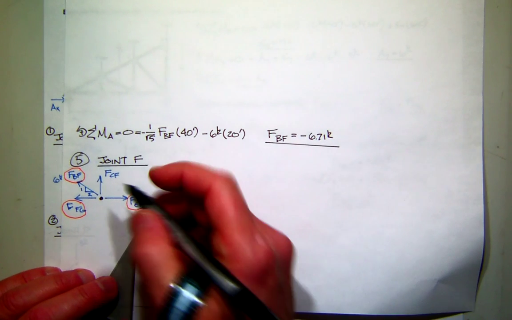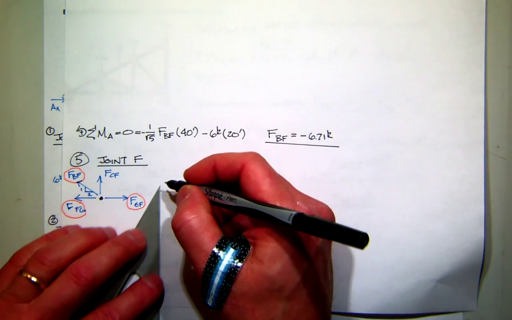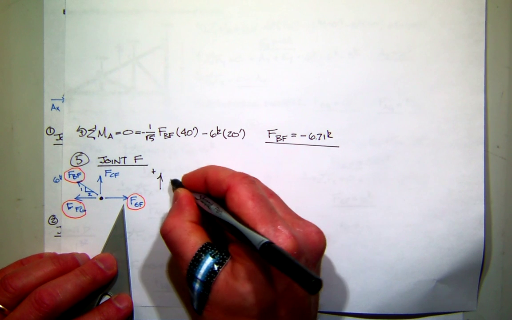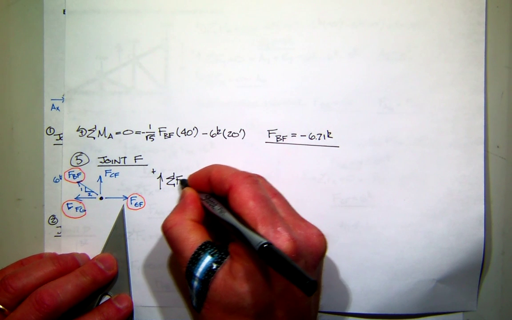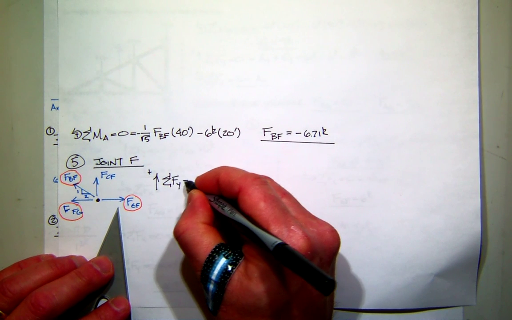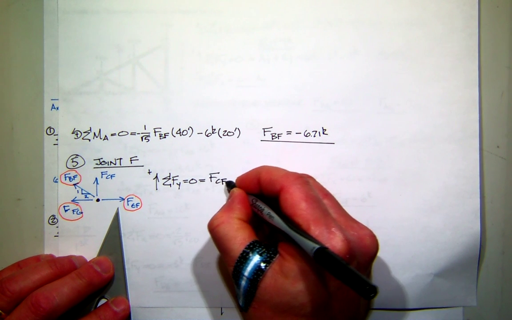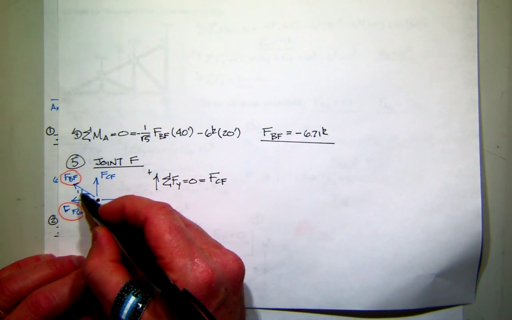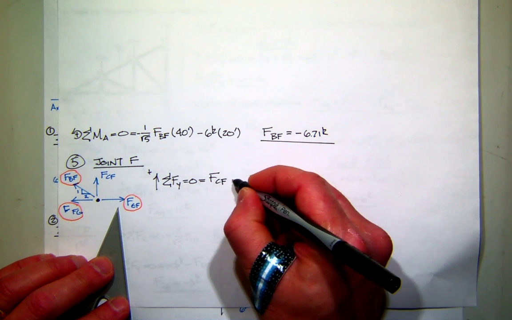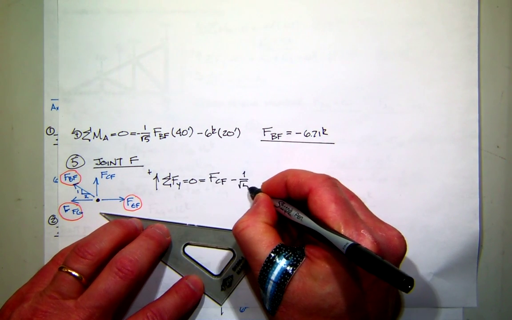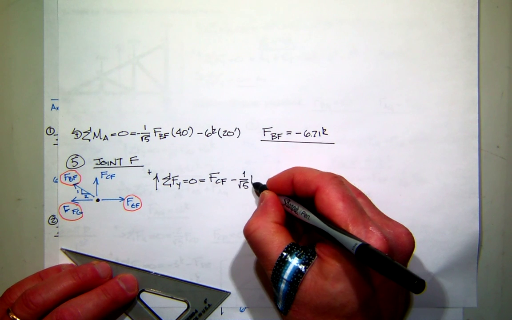So as we just discussed, summing forces in the Y direction seems like a good thing to do. So let's do that. We'll sum forces in the Y direction. So I have the force I'm looking for, CF, acting up. And then the vertical component of BF is 1 over the square root of 5.